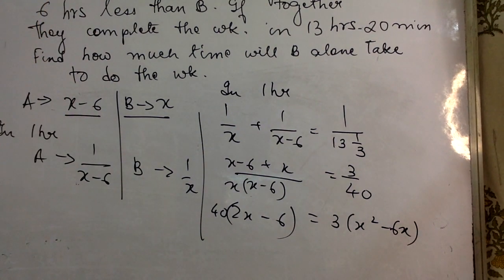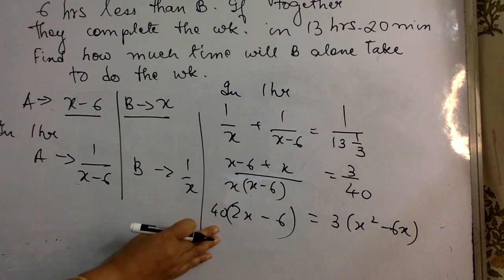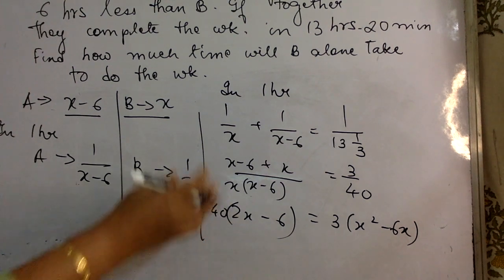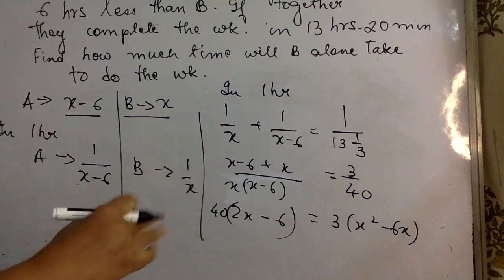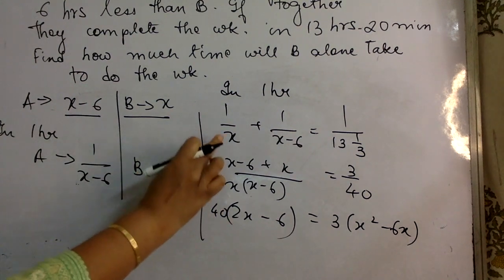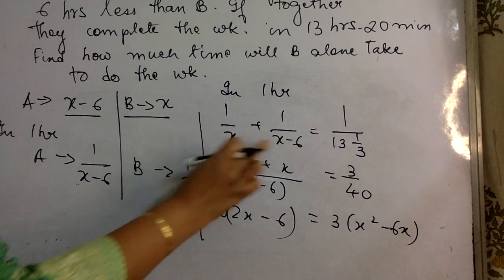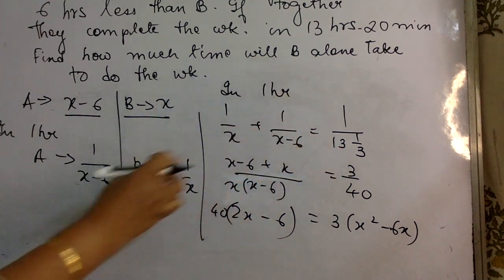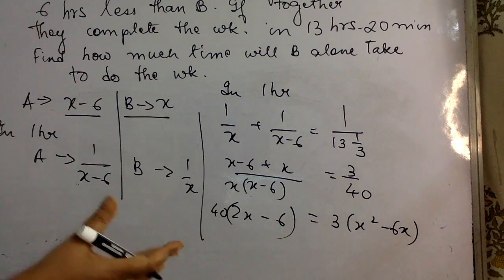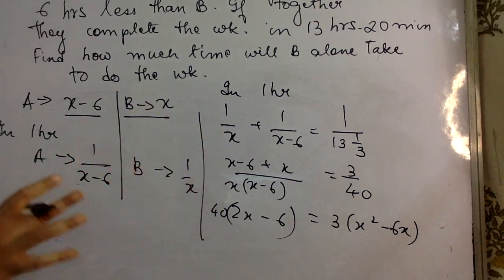Okay, so now this becomes our quadratic equation. It is difficult to get this equation. What have we equated? We have equated fractions of the work. The entire equation is based on fractions of the work. We have not equated hours.